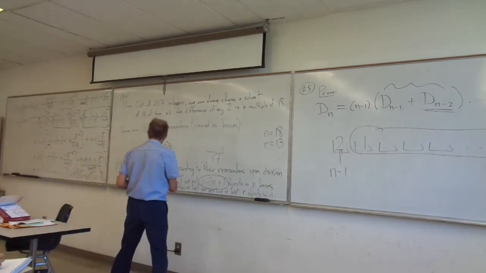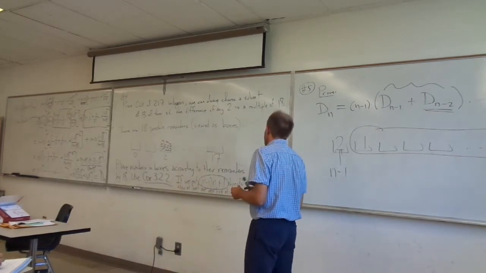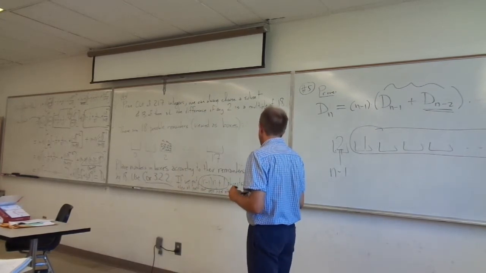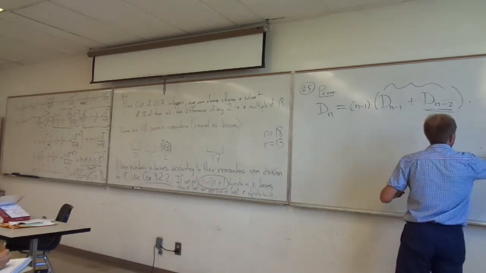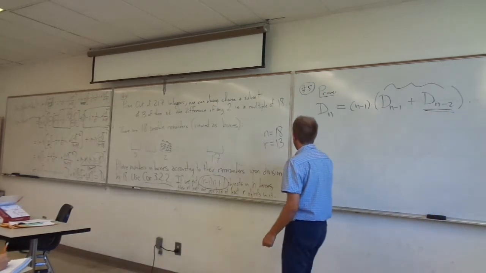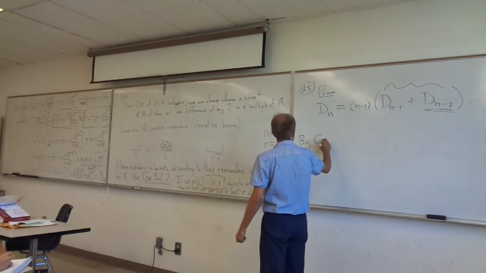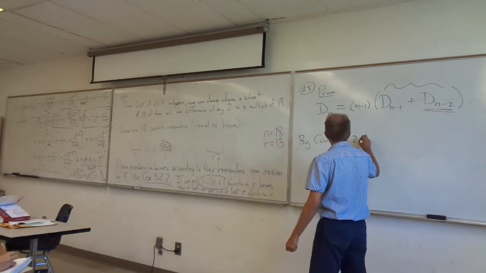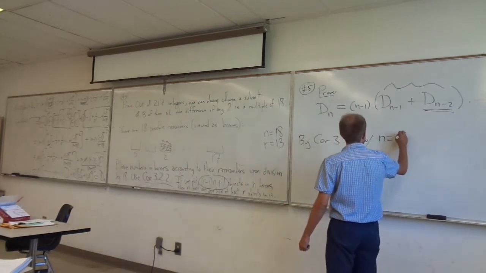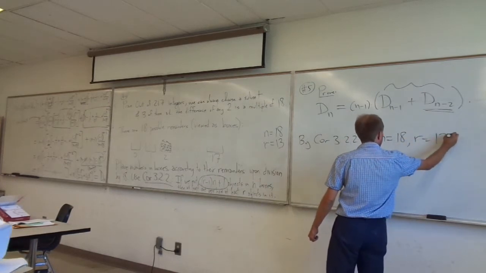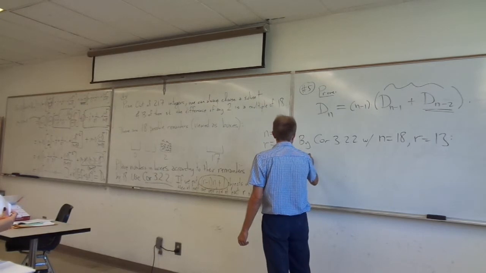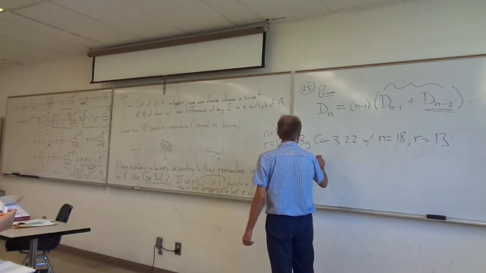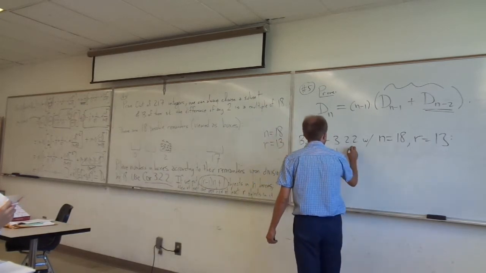So place numbers in boxes according to their remainders upon division by 18. Well, it's just basically that we're done. So by corollary 3.2.2, with n equal to 18 and r equal to 13, we get the desired conclusion.